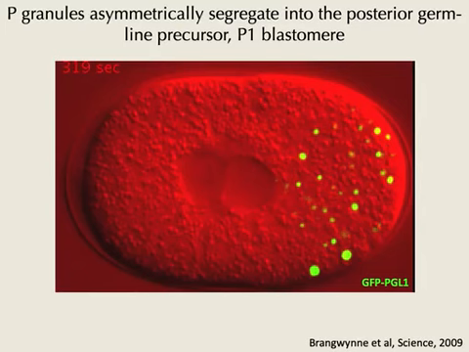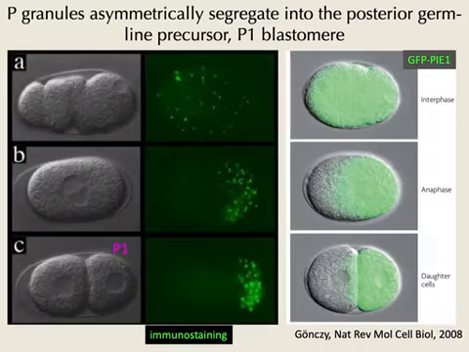This was known for a long time before this phase transition business came out. And the idea is that initially, in the early fertilized egg, you have P granules all over. Then during that first interphase, they tend to accumulate on one side, and then there's a division.